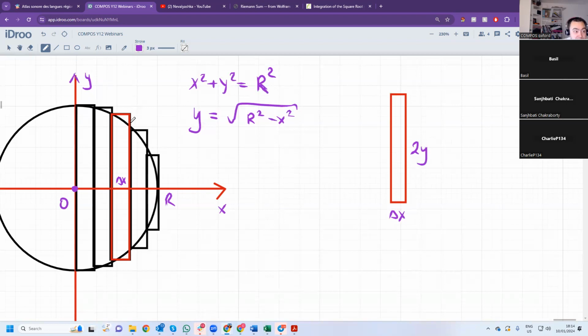Does that make sense? Because the equation of this line is y equals square root of r squared minus x squared, so this is y, and the whole height is 2y. So area is 2y delta x.